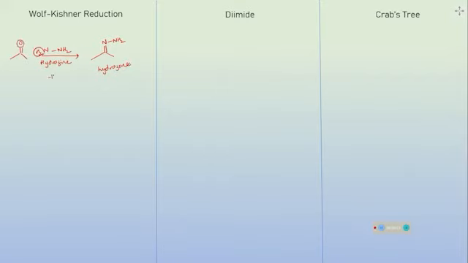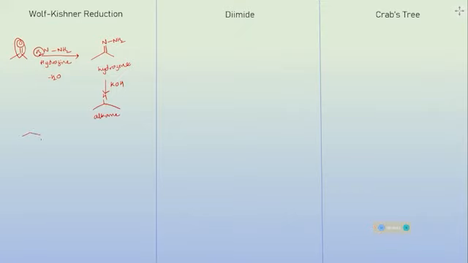H2O is lost here. Okay, the hydrazone on reaction with base forms alkane. So an aldehyde or ketone on reaction with hydrazine in the presence of base, the C double bond O is completely removed and it is replaced by hydrogen. This is called Wolff-Kishner reduction.